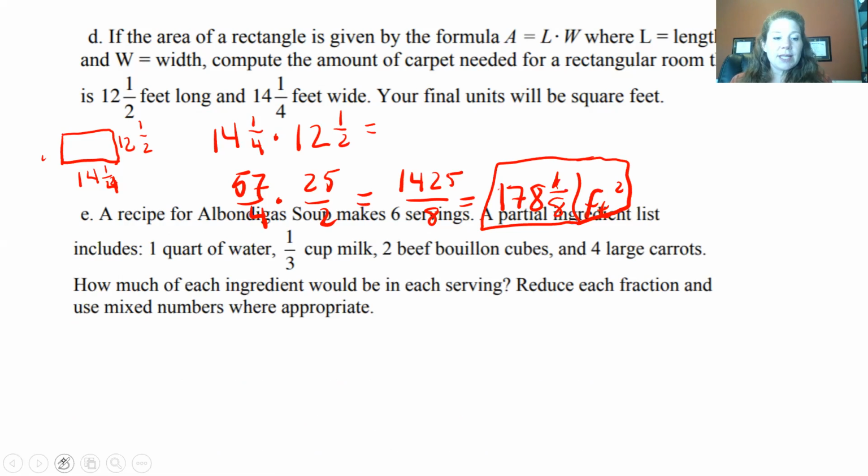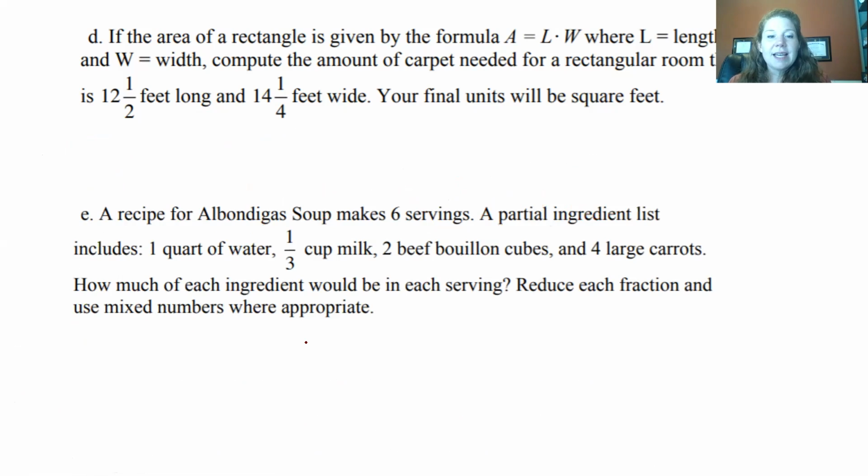Uh-oh, it's that soup again. A recipe for this soup makes 6 servings. A partial ingredient list includes a quart of water, 1/3 cup milk, 2 beef bouillon cubes, and 4 large carrots. How much of each ingredient would be in each serving?